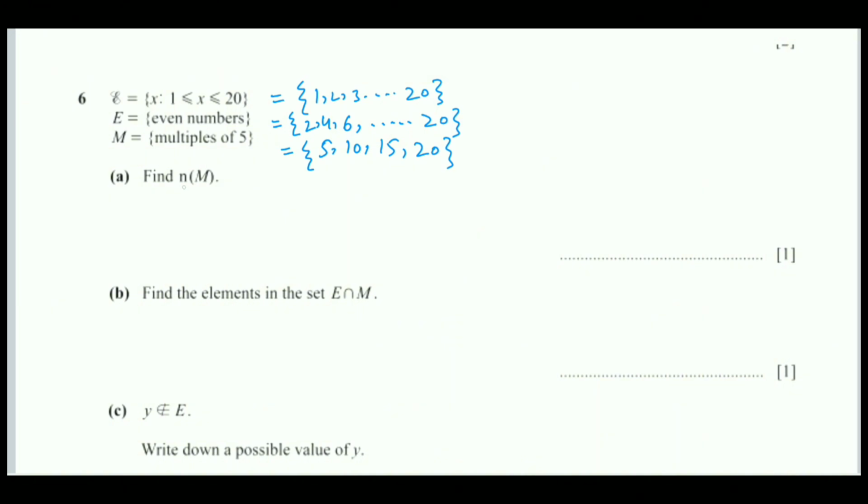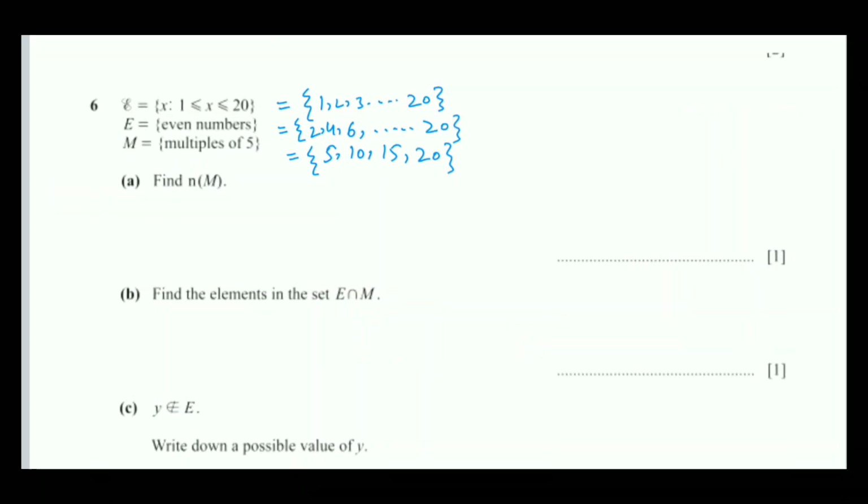Find n(M). n means number of. Part A, n of M. n of M means that you have to write the number of elements of the M set. So whenever they are asking to write n of any set, n means write the number of elements of that set. So this is the M set, and the number of elements of this set is 1, 2, 3, 4.